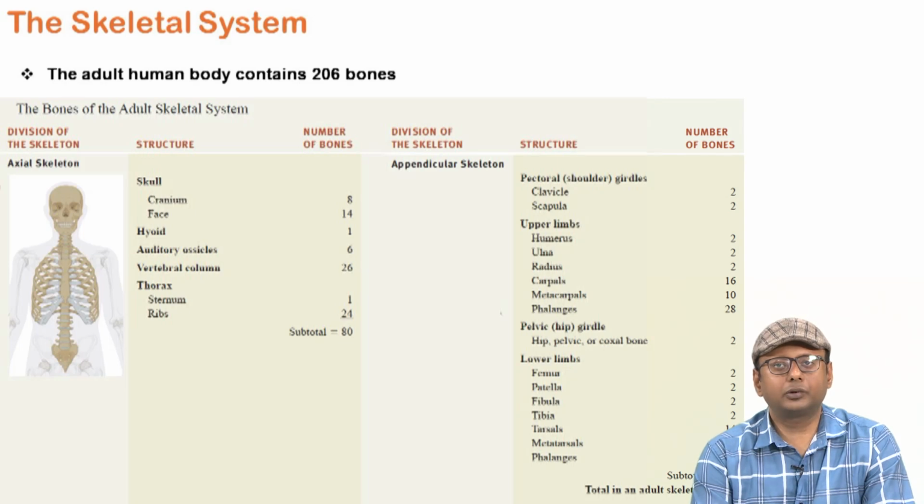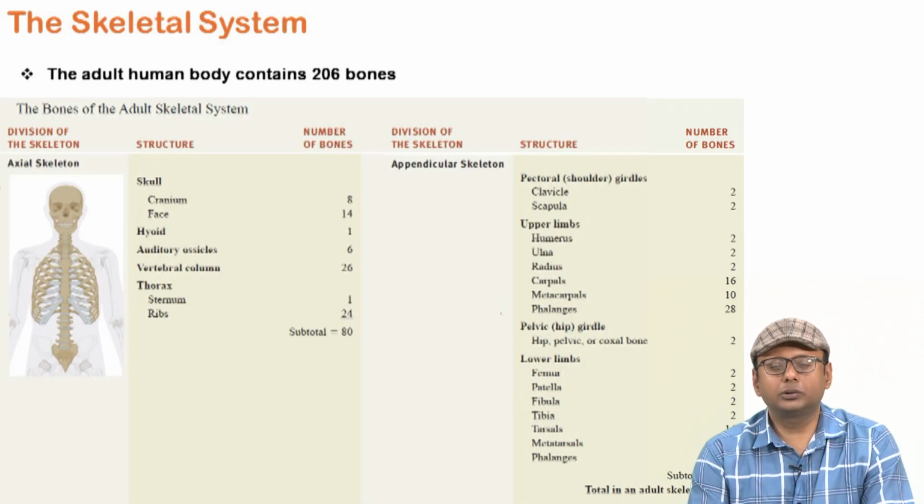As I told you in the last slide, the axial part of the skeletal system consists of our skull, the rib cage and the spinal column. Some of them are cranium, face, hyoid, vertebral column, thorax, etc.